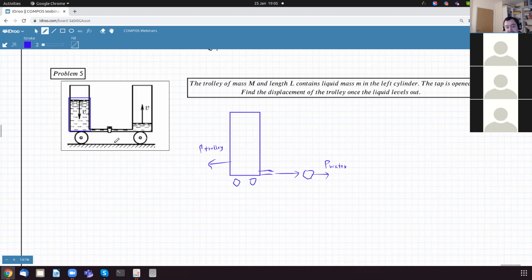But as the water decelerates through the pipe because the pressure evens out, we have the opposite effect. So it will be slowing down.